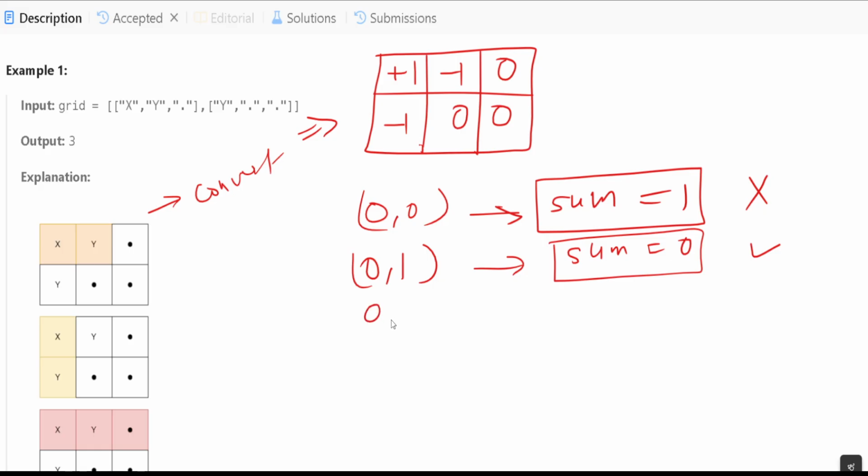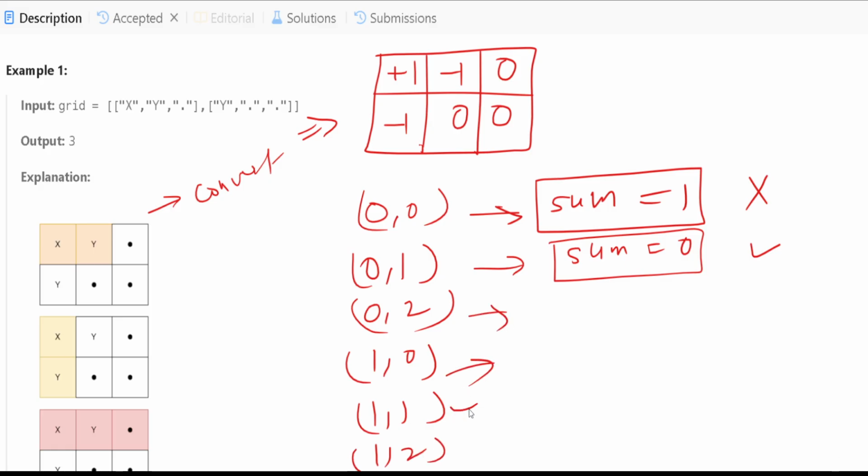Similarly, 0 2, then 1 0 will happen, then the next cell will be 1 1 and then 1 2, correct? Now let's give the values. For 0 2, the sum is 0.